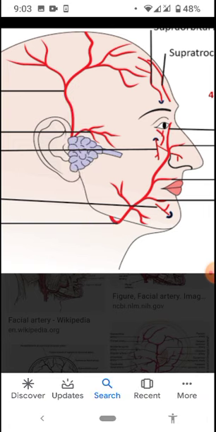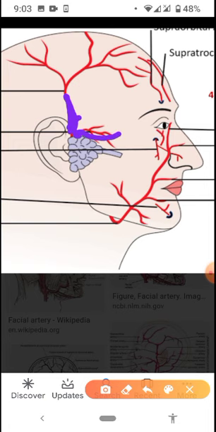Going into detail of this superficial temporal artery, when it is appearing, it gives just one branch very close to its origin. This branch is the transverse branch. You can see its pathway is very transverse, meaning that it is traveling transversely.